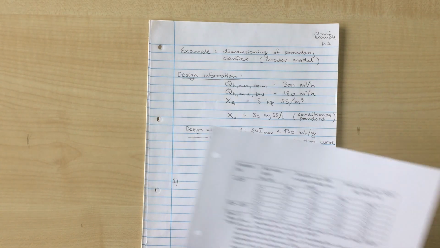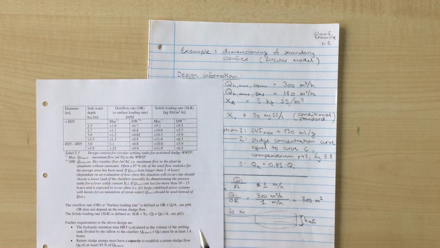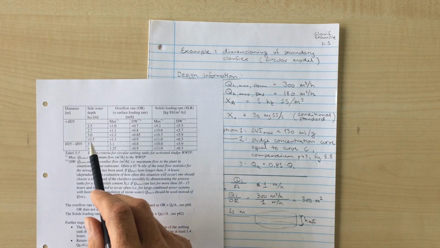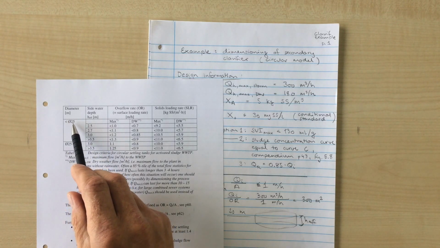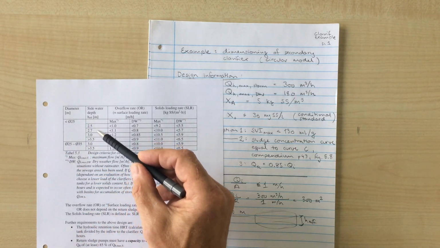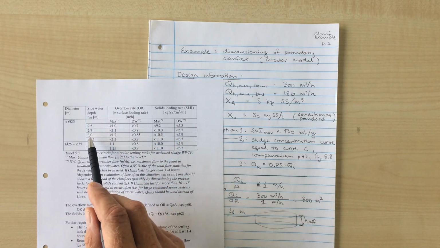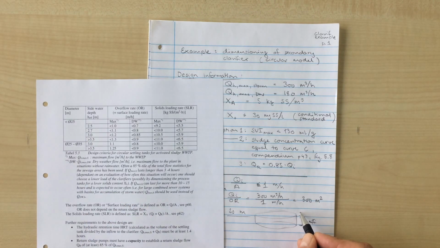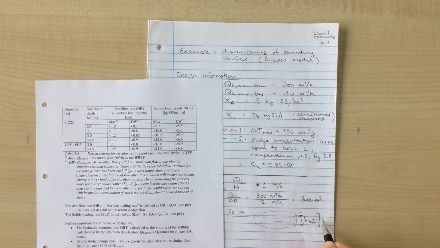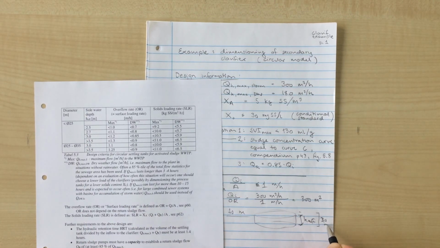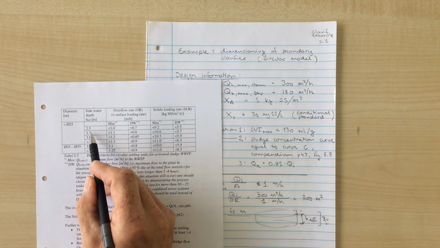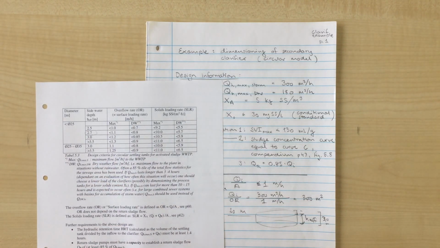I can take a look at my criteria here in the compendium and see, for clarifiers less than 25 meters, I can choose different side water depths and get different sets of criteria. I will choose a total depth of, let's say, 3 meters. Then I know I need to leave a little freeboard above the water, so that gives me an effective depth of the clarifier of 2.7 meters.